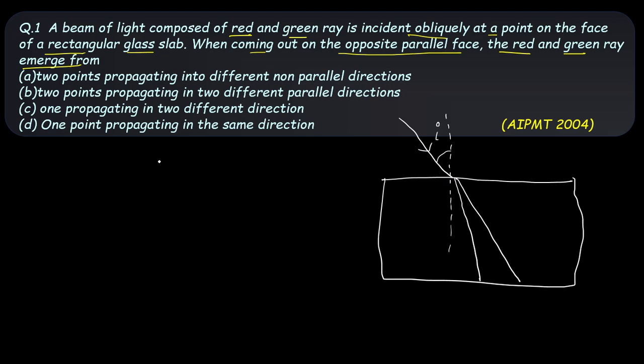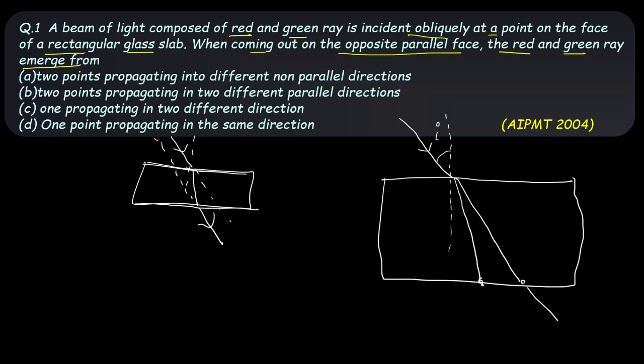Now we already know that for a parallel glass slab or parallel interfaces, after the ray of light comes out, the emergent ray is parallel to the incident ray. So one thing is clear, both the rays will be parallel to the original direction and parallel to each other also. They cannot go in a non-parallel direction.